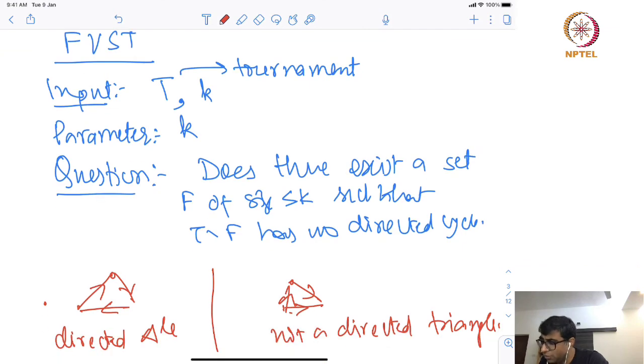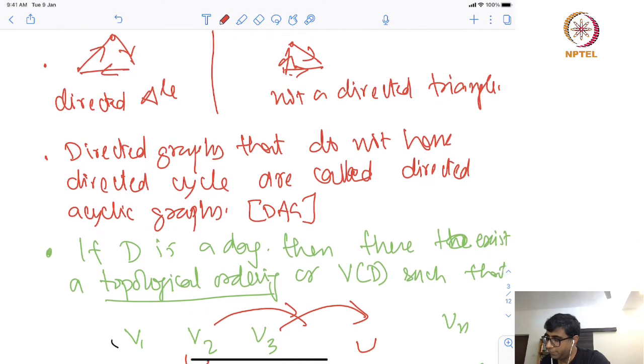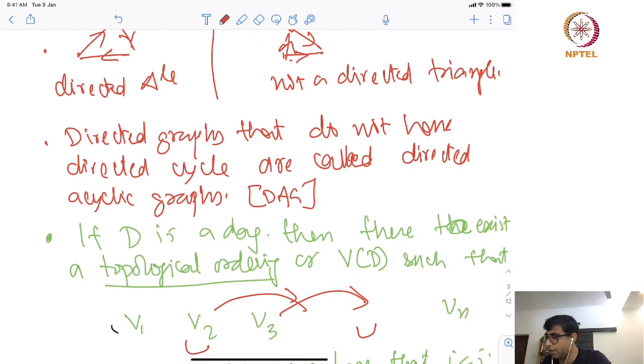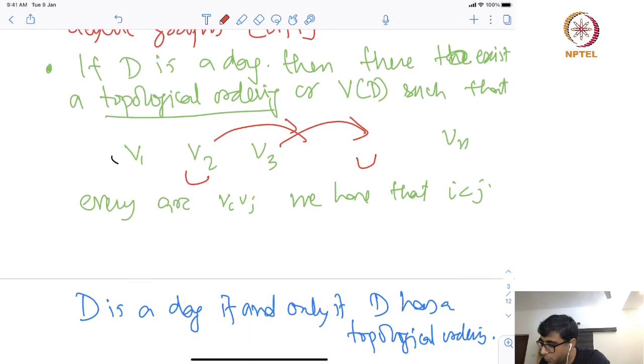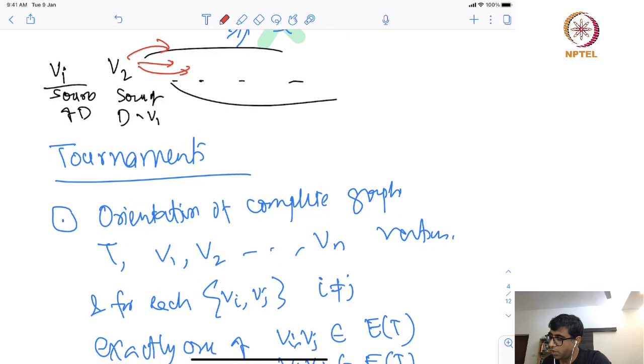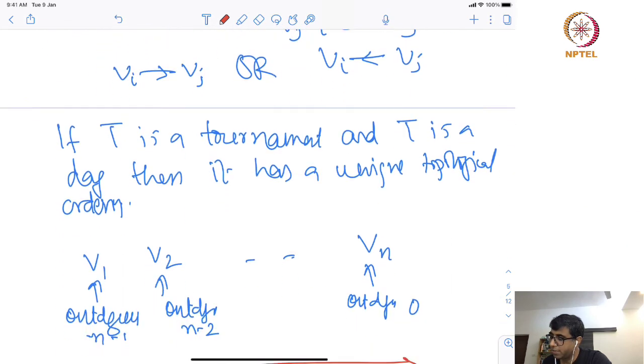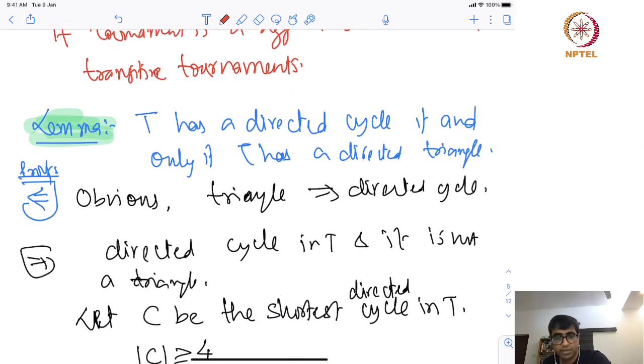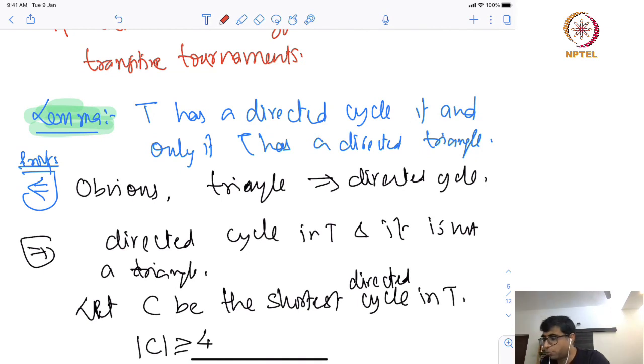Towards that, we first defined the notion of directed graphs, DAG, and topological ordering, and we also proved a very nice property of tournaments: a tournament has a directed cycle if and only if it has a directed triangle. We utilized this to look at only directed triangles and not worry about directed cycles, because the moment we obstruct all directed triangles, we obstruct all directed cycles.